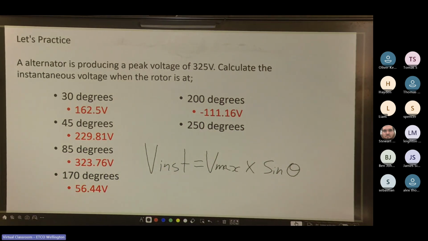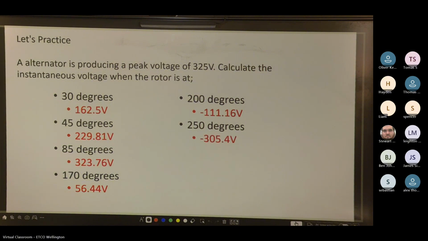Does that make sense? So I'm just going to take it off just so you can see the next value. The answer for that was negative 305.4 volts. So the next one, 310 degrees.